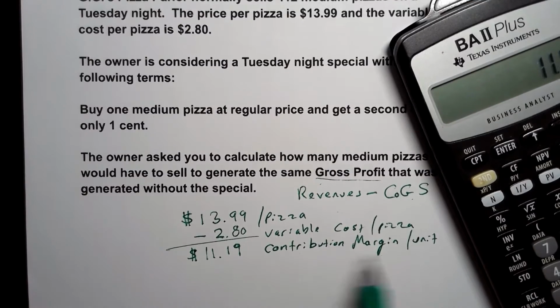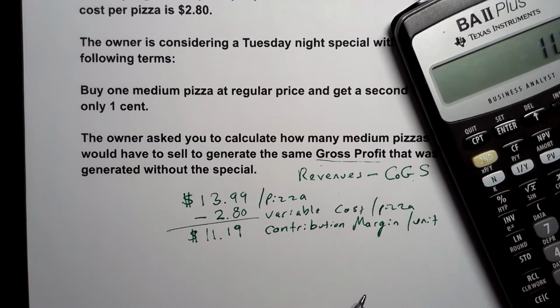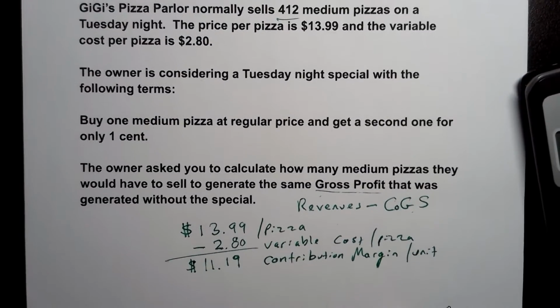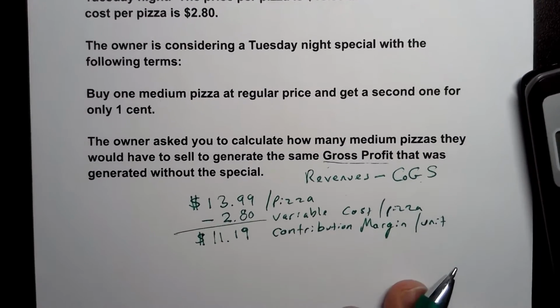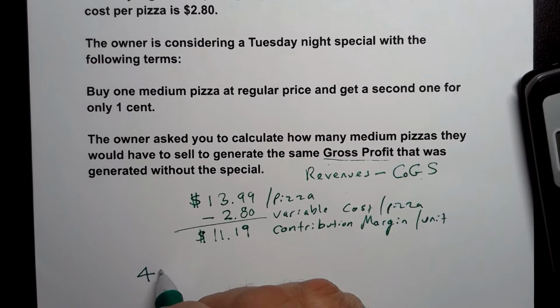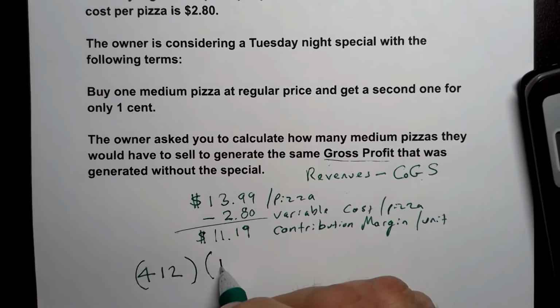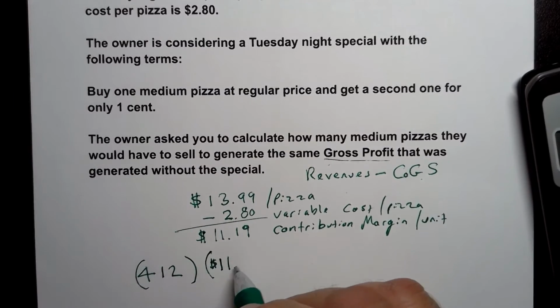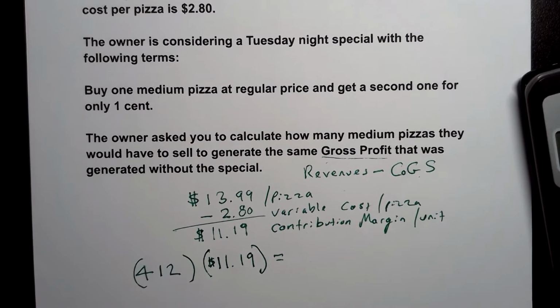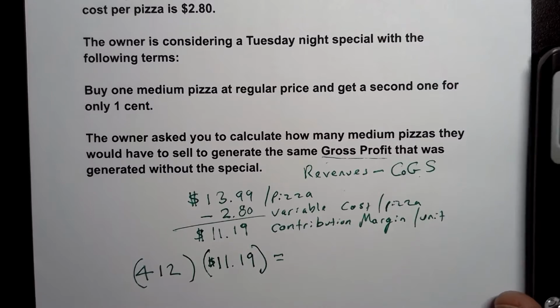And you could do it as an aggregate as well, which is what we're going to do. Let's see what the contribution margin is over the course of a typical Tuesday night. We know that we sell 412 medium pizzas on a typical Tuesday night. So I'm going to take 412 pizzas and multiply that by our contribution margin per pizza, the $11.19, to get their aggregate contribution margin, which in this case is going to be our gross profit on a Tuesday night.